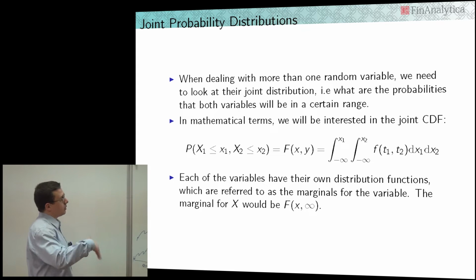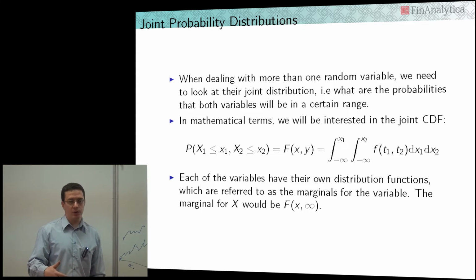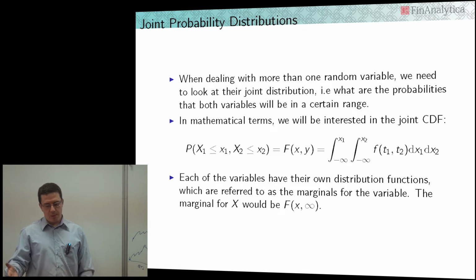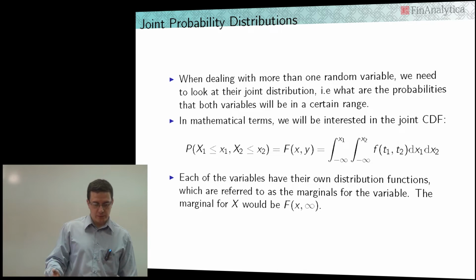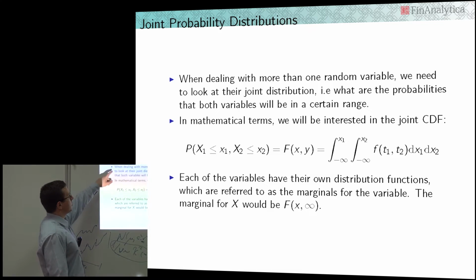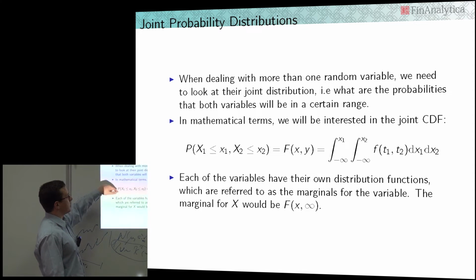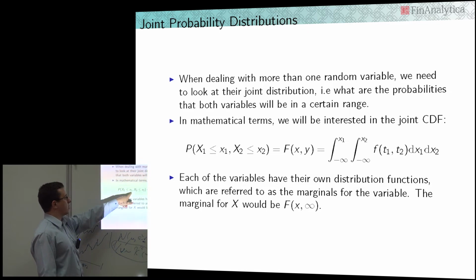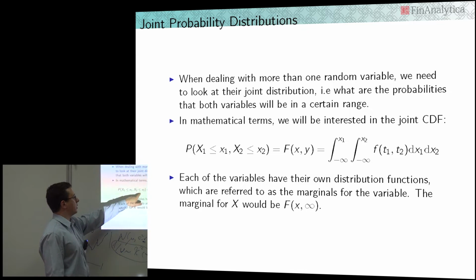And that's why we need to go to multivariate distributions. And the way to describe multivariate distributions is through functions of multiple variables. And we're looking at the probability of two events now. We have one event which would be X1 less than or equal to small x1, and large X2, this would be the second event.